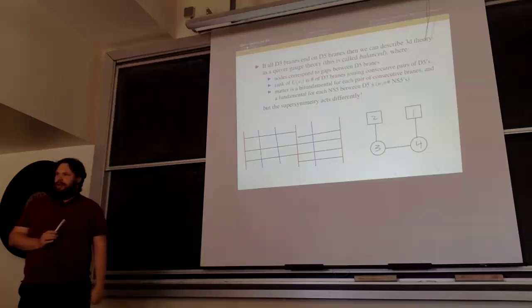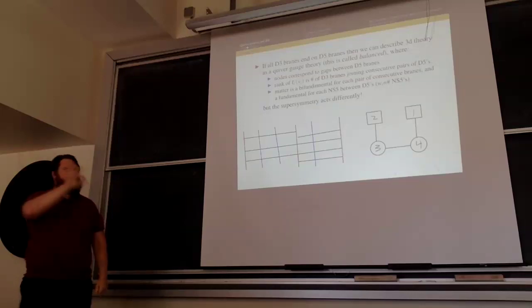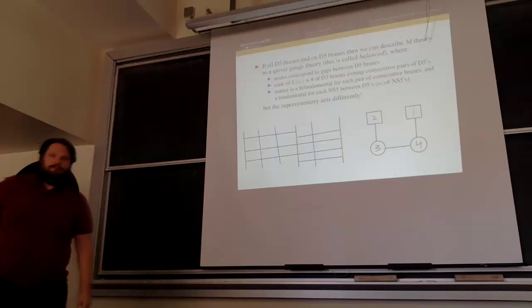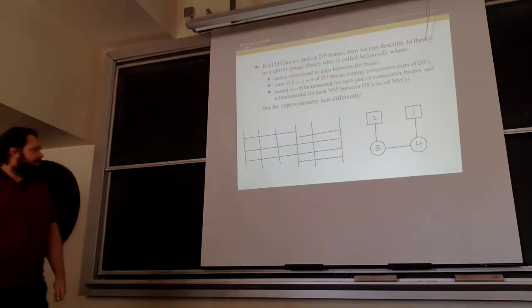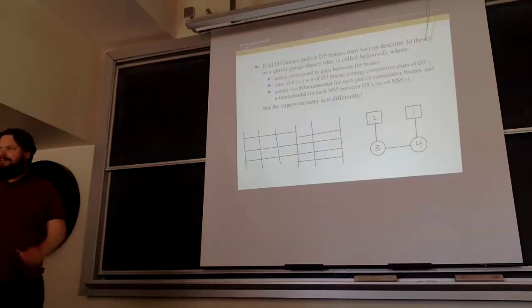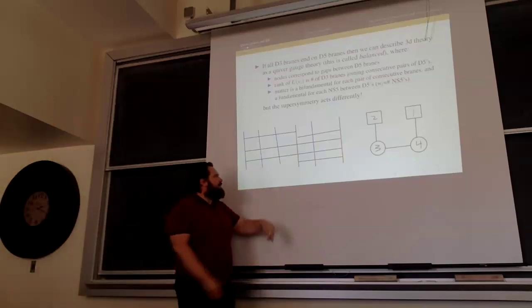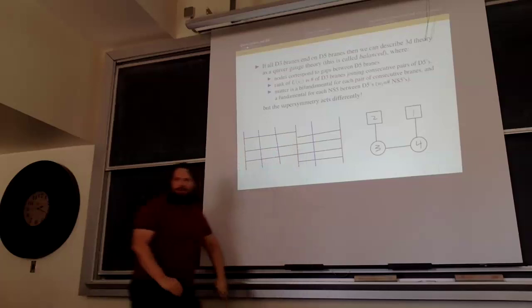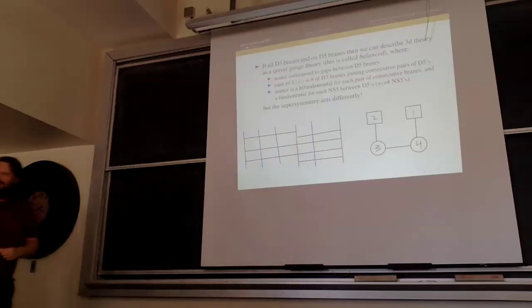If you look in Nakajima's bow varieties paper, it doesn't matter whether they match up or there are gaps. What matters is the number of them. So if these guys didn't match up, that would be okay. That would be the same. Yeah, okay.